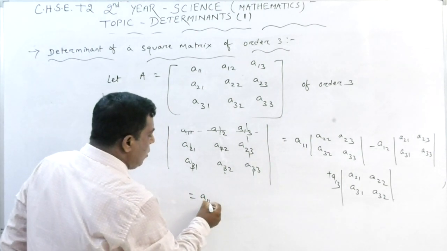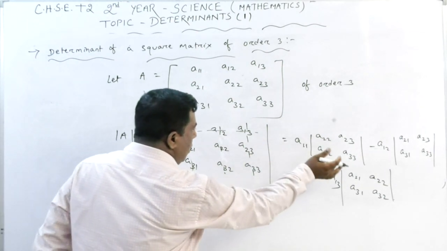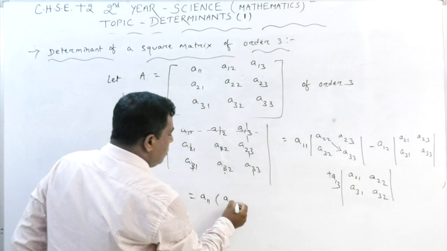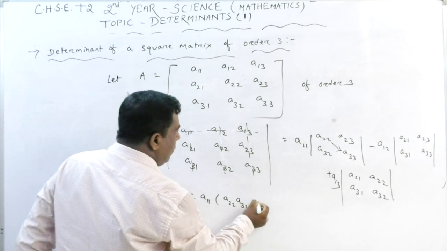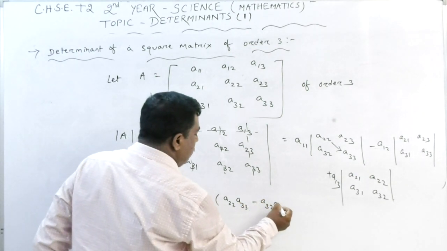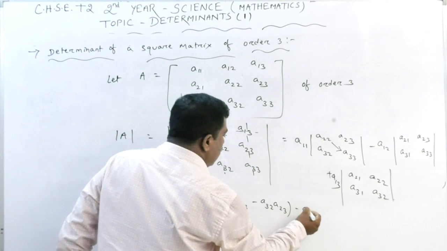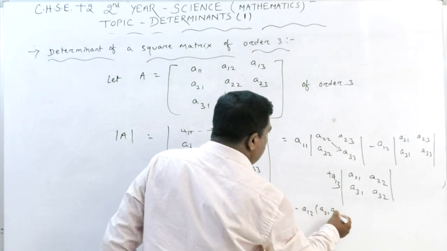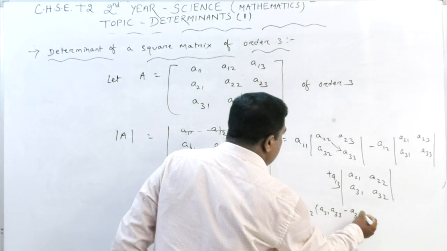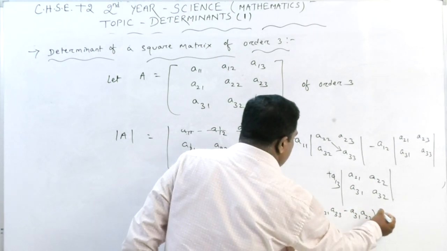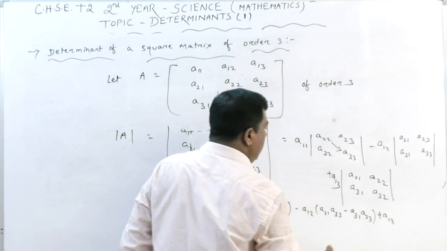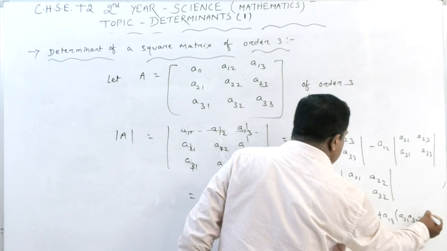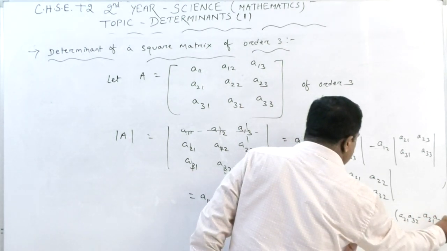It is equal to A11 multiplied with A22 multiplied with A33 minus A32 multiplied with A23, minus A12 multiplied with A21 multiplied with A33 minus A31 multiplied with A23, plus A13 multiplied with A21 multiplied with A32 minus A31 multiplied with A22.